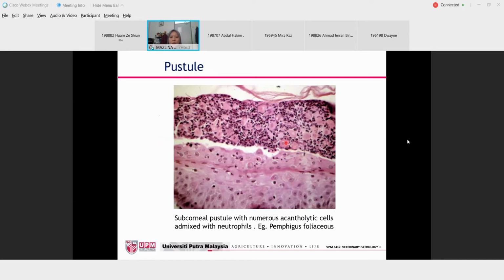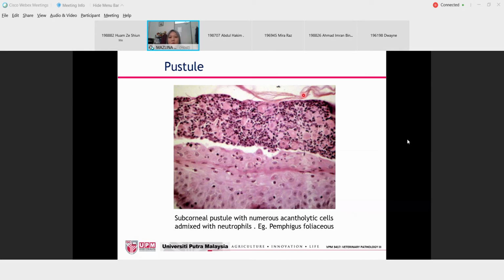So this is subcorneal, because you can see here the stratum corneum made out of dead keratinocytes with no nuclei. So it is below the stratum corneum. That's why it is called subcorneal.